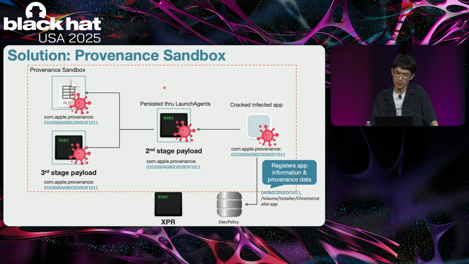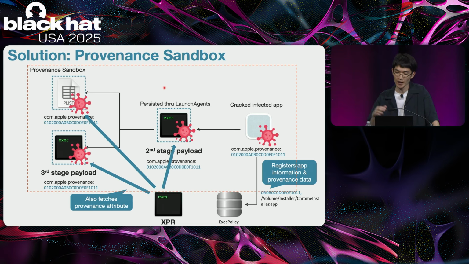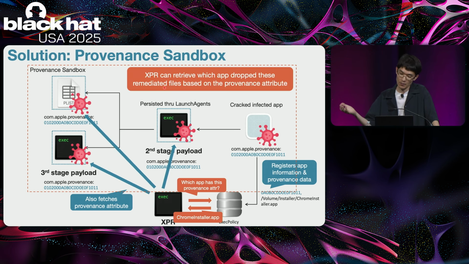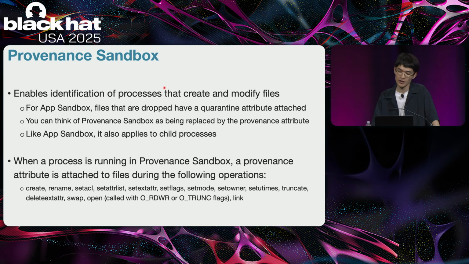So when XPR attempts to remove files, it fetches the provenance attribute and can ask, hey, which app created these files? Then XPR can trace back to the cracked app. So through the Provenance sandbox, XPR can determine which app originally dropped these remediated files. In other words, the Provenance sandbox allows XPR to trace a file back to its source application.